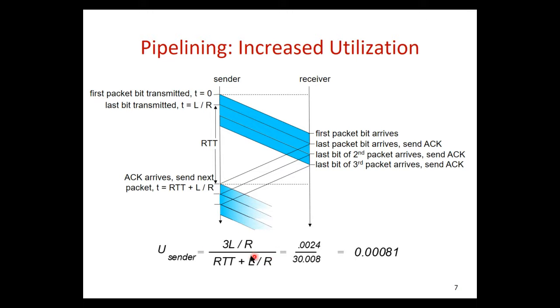So compared to the previous case of stop and wait RDT, we have triple the utilization rate, multiplied by 3. And this is what we get essentially because we send 3 packets instead of 1. Any questions?